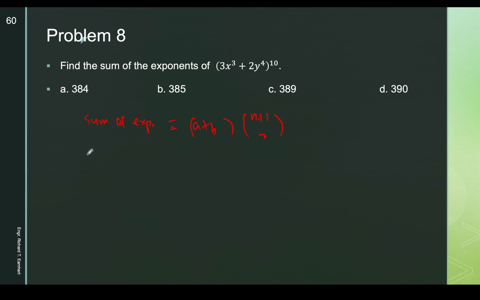If we have (x raised to a, y raised to b) raised to the power n, so therefore your a here is 3, b is 4, n is 10. So this is 3 plus 4. This is 11, combination taken 2. And this must be 385, no?